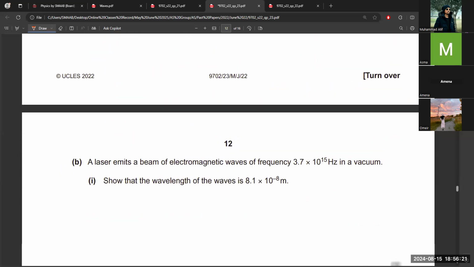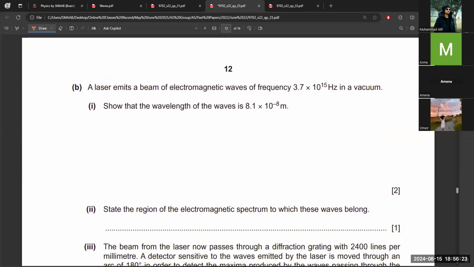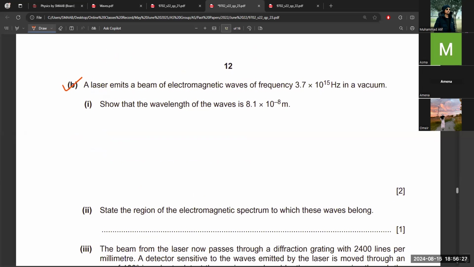Next, a laser emits a beam of electromagnetic waves of frequency in a vacuum. Show that the wavelength of the wave is this. So basically, we know that this is electromagnetic wave.